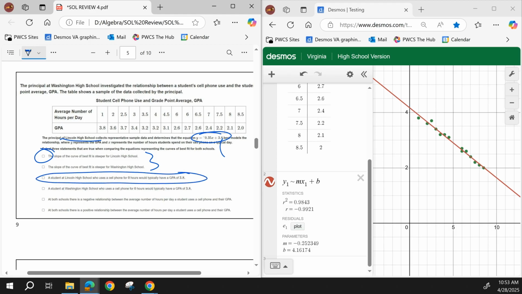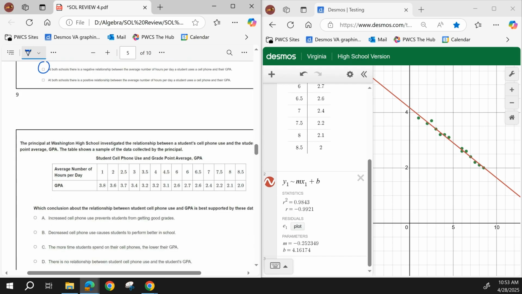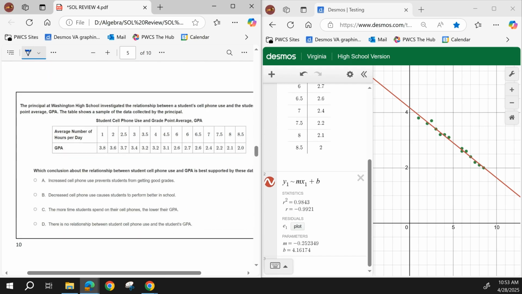If they're not on their phone at all, we would predict they had a GPA of 3.8. And then for both schools, there is a negative relationship. That's why the slope is negative. That's why the R value is negative. As you increase your phone use, your GPA goes down. And so, if we were to make a conclusion, that's the conclusion we would make. The more time students spend on their cell phones, the lower their GPA.